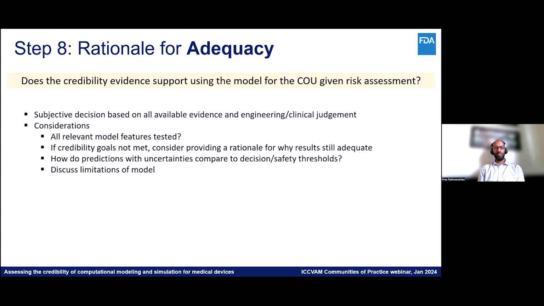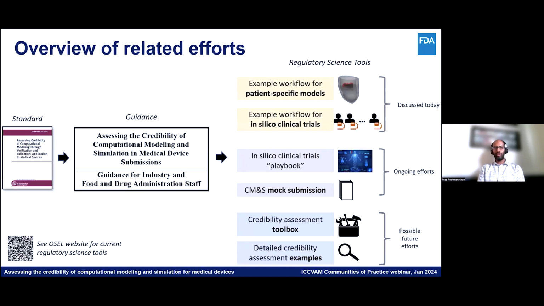With these types of models, with this type of variability in how the models are evaluated, it's very hard to just have quantitative acceptance criteria. We still need to make a subjective decision based on all information at the end, and some considerations such as has everything been tested, and some other considerations listed here. So that concludes the framework.